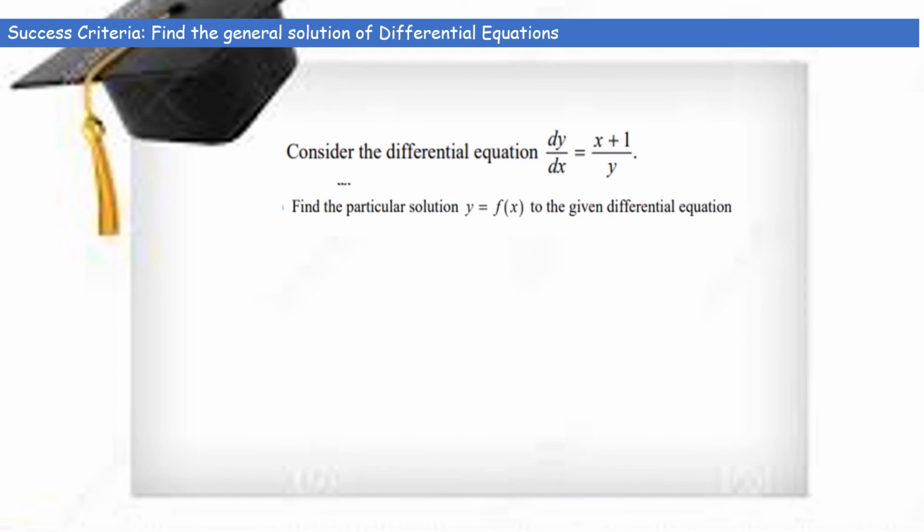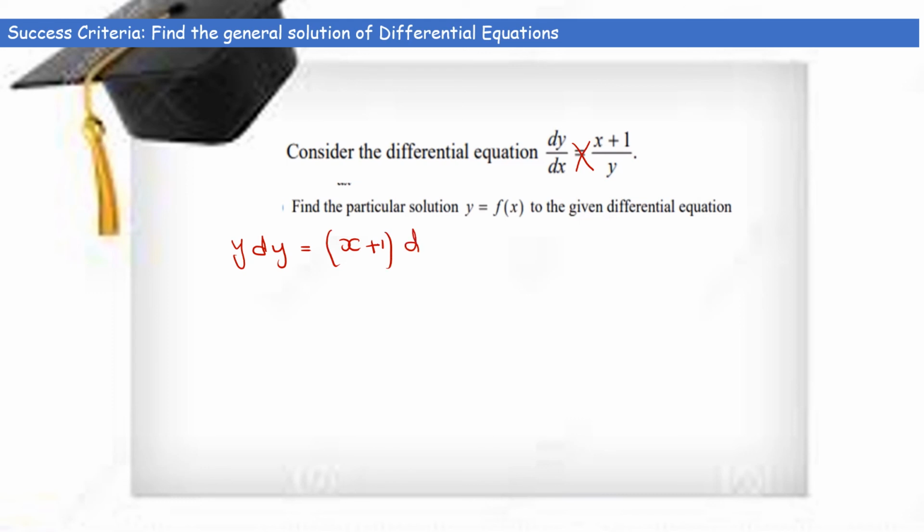Now look at the situation. Here the differential equation is given to you as dy by dx equals x plus 1 over y. You have to find the general solution for this equation. So again, cross multiply, you will get y dy equals x plus 1 dx.